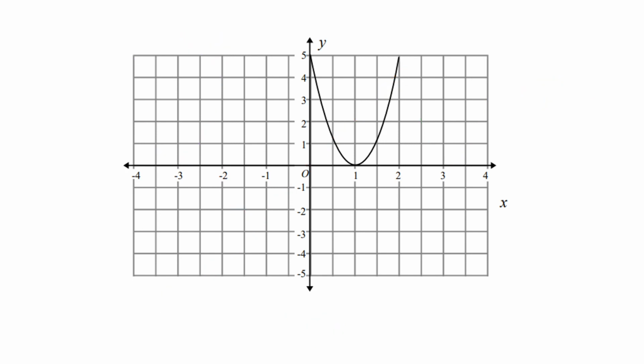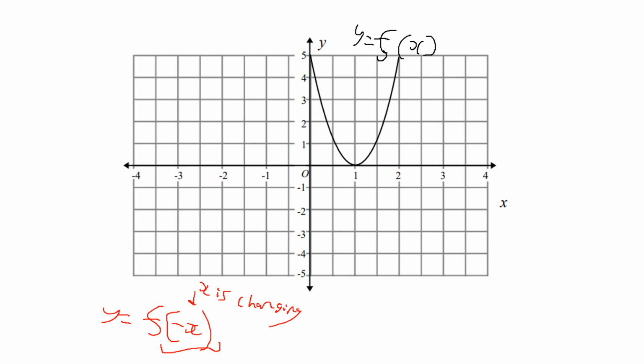Okay, what about something like this? Once again, this is y equals f of x. What about y equals f of minus x? What's that going to look like? Well, if we have it inside the bracket, I want you to think of it like this: if it's inside the bracket, then x is changing.